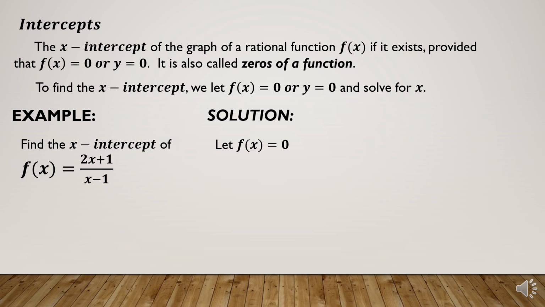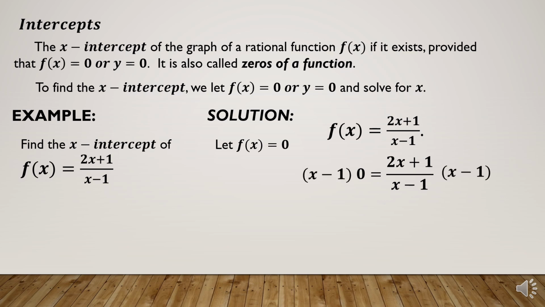That is the first step. Then, from the given function, we will now substitute our f of x with 0. So we have 0 equals 2x plus 1 all over x minus 1. Then we will multiply both sides of our equation by the LCD, and the LCD is x minus 1.